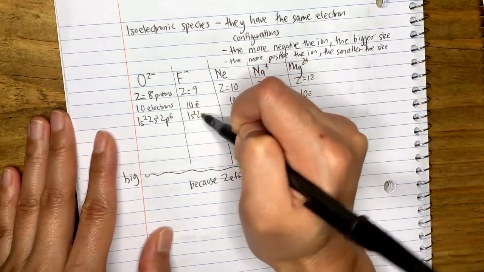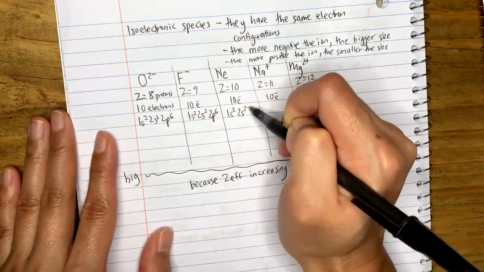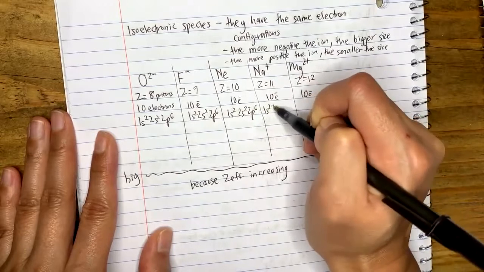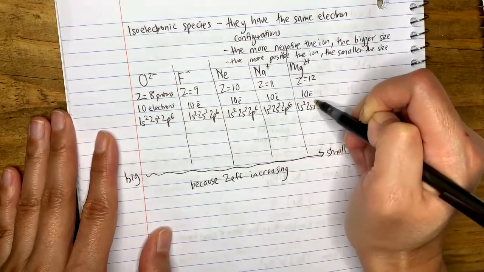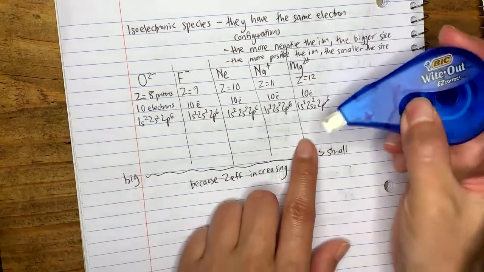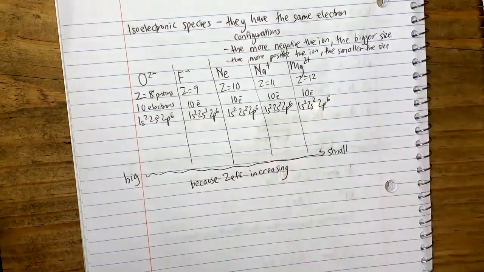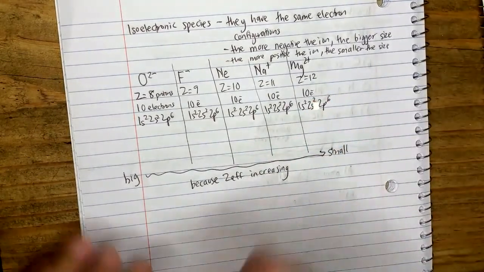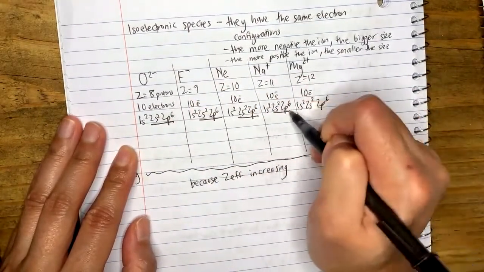Everybody is 1s2, 2s2, 2p6. Okay, let's erase that. Right there. Okay, so my valence are 8 electrons. My core are 2 electrons.